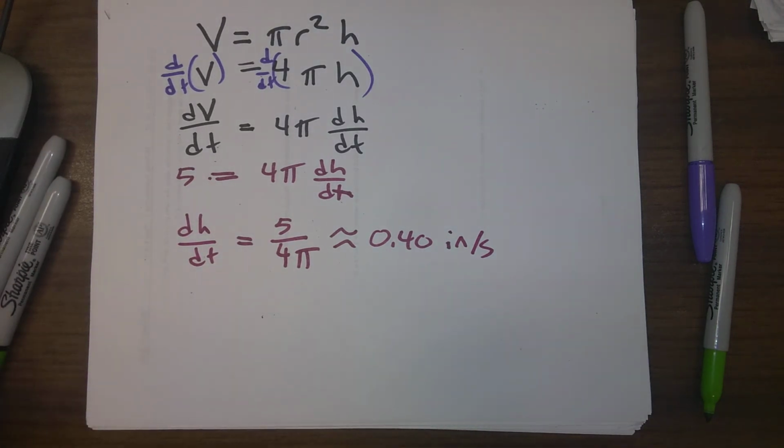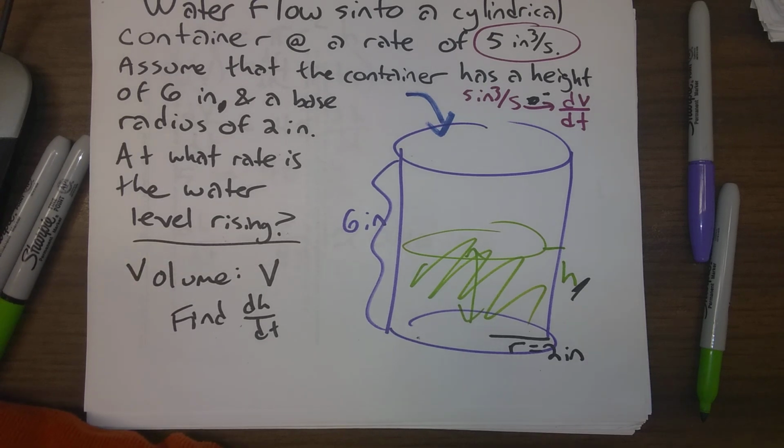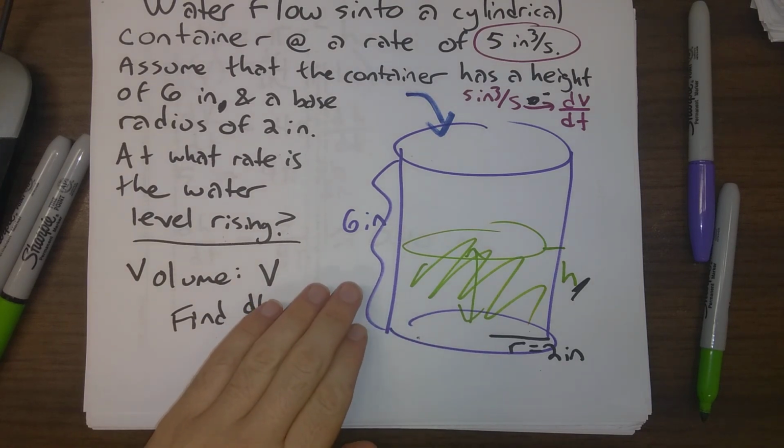So what is this saying? This makes sense: we have a cylindrical container, and we're pouring in water at a constant rate. The height of the water is going up at a constant rate.